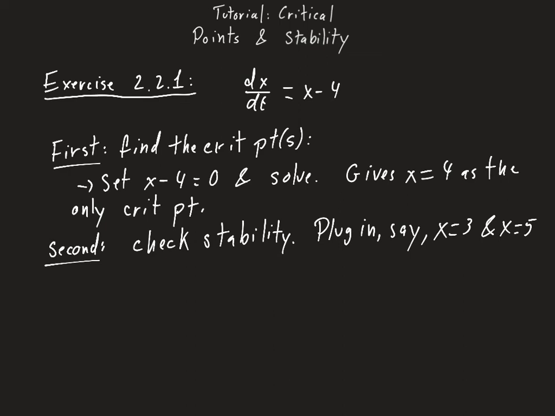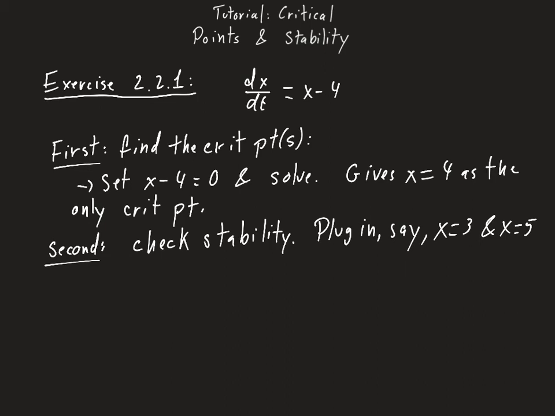You want to plug in points that are just above and just below. If you had more than one critical point, you'd want to be plugging in points that are in between two consecutive critical points. But you don't need to plug in super close, just because you actually know once you've found the critical points that nothing too bizarre can happen in between them.